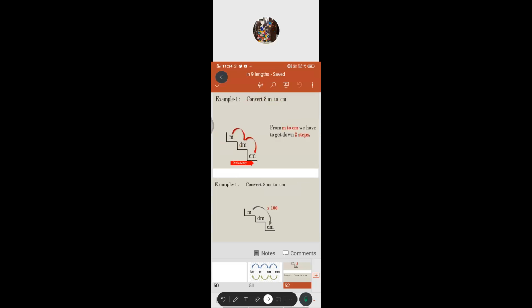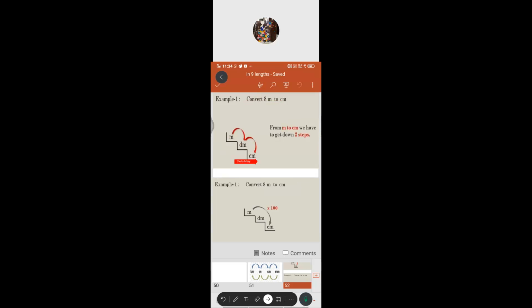From meter to centimeter, we have to go down 2 steps. Here meter, decimeter, then centimeter. So how many steps do we move? 2 steps, isn't it?